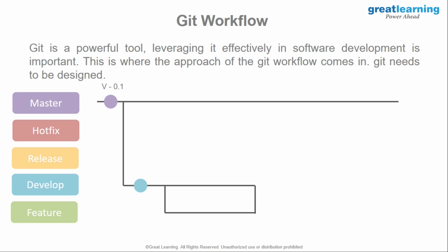So the developers will pull from the master branch into their local systems, then create a pull request and do their work, and when their work is done, it's reviewed by the senior member, and if it's approved, then the branch merges onto the develop branch, and then your develop branch basically contains all of the different features. And once all of the features have been merged onto the develop branch, then the develop branch is merged to the release branch.